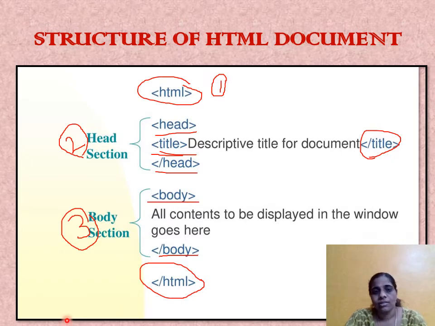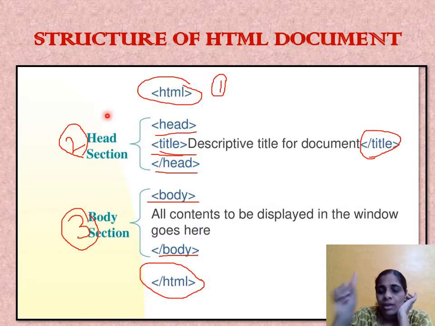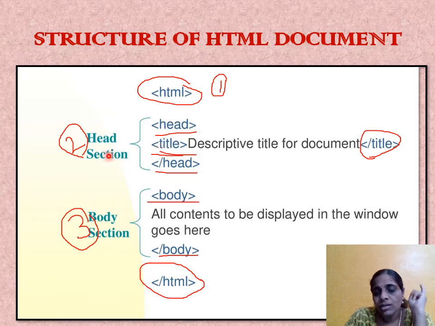Okay, children. So, what is the structure of an HTML document? First one is the open HTML tag and close HTML tag. Within that, there are two sections. One is called the head section and another one is called the body section. The head section has open head and close head.